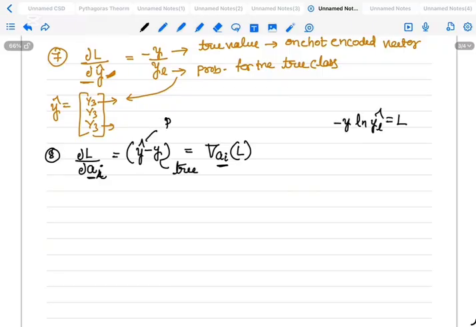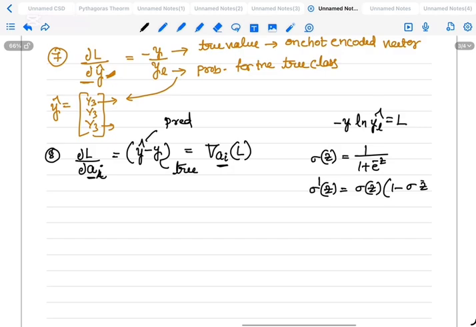Y hat is the predicted output. Remember these two also: sigma of z equals 1 by 1 plus e power minus z, and sigma dash of z, its derivative, equals sigma of z times 1 minus sigma of z.